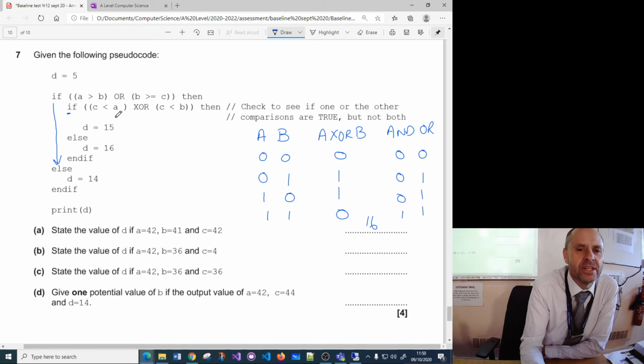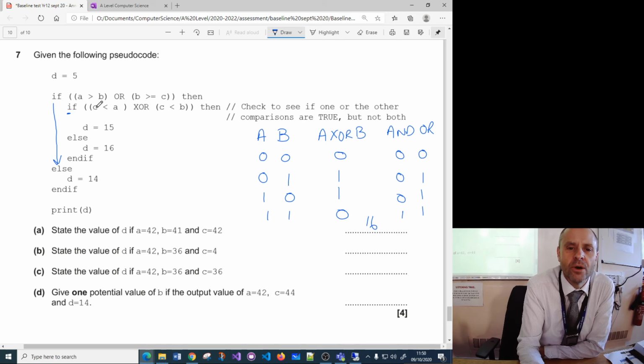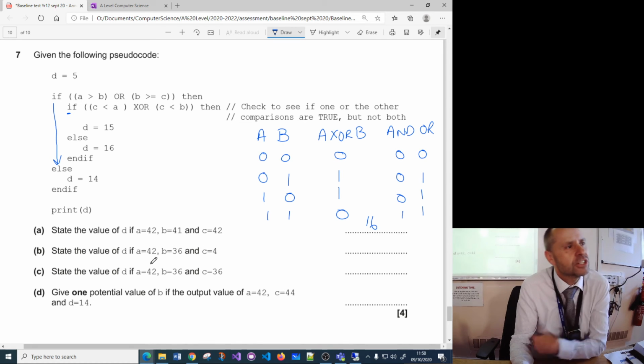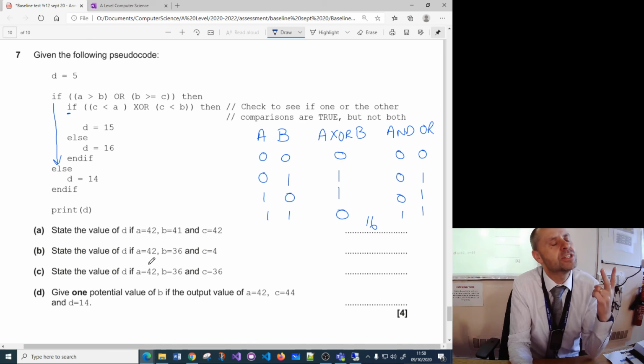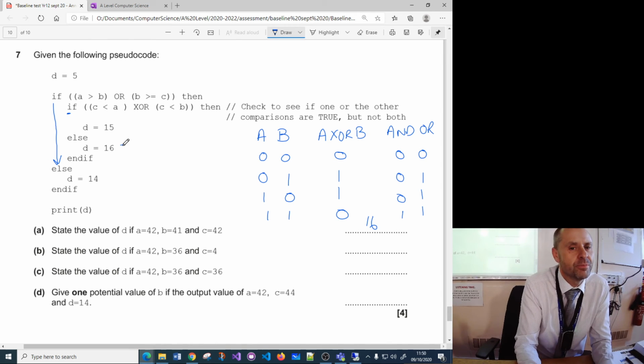So we're back in doing this again. Right, so is C less than A? That's true. Right, so if this next one's true, then we're going to be doing this one. Right, so is C less than B? So that's two trues, again, which gives us a false. So it's going to be 16 again.